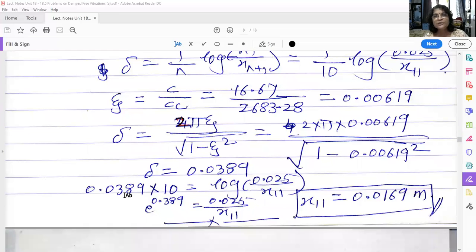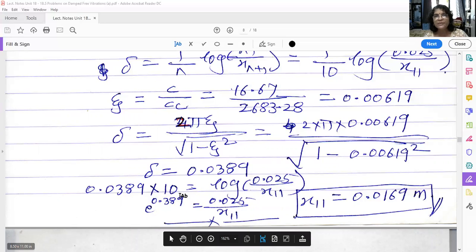So 0.0389, okay, is equal to 1 upon 10. This 10 I have taken here. 1 upon 10 into log base e 0.025 upon x11. How will you find out x11? Take e raised to on both the side. E raised to something, e raised to log of something. Okay, so it will be e raised to 0.389 is equal to e raised to log.